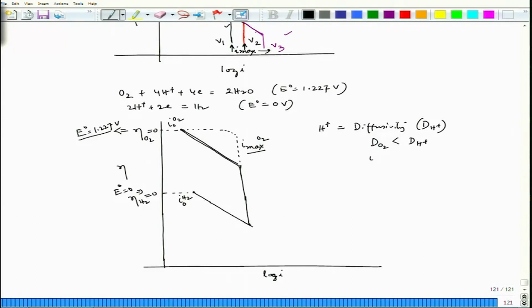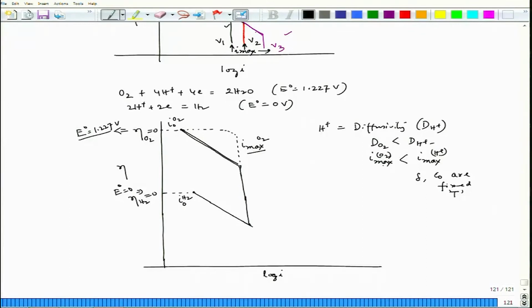Correspondingly, I max for the O2 reaction should be less than I max for the H plus ion, considering that delta and C0 are fixed. Of course, temperature is also fixed. I am just looking at the size of those particular molecules. Since H plus is very small, its diffusivity would be very fast. So, in that case I max should be high for the H plus ion.